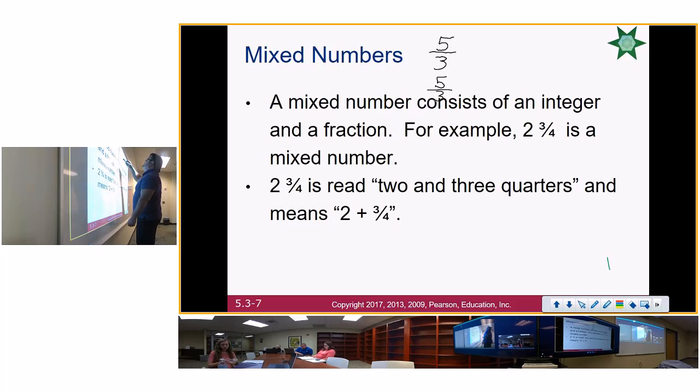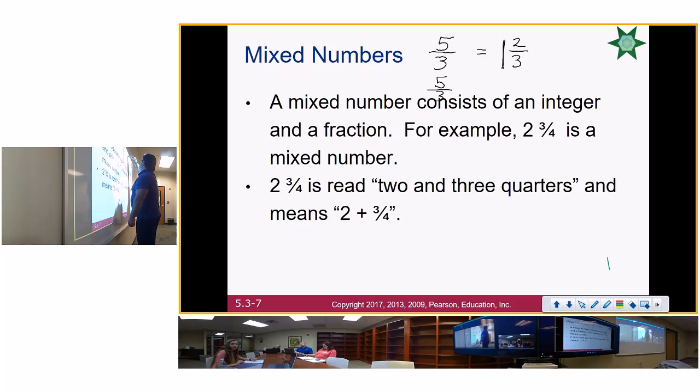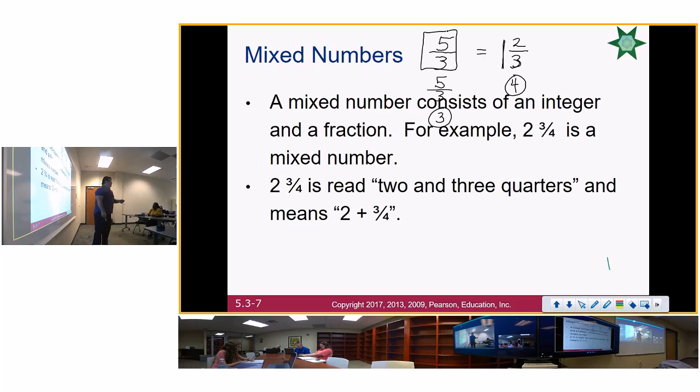Well, 3 will go into 5 one time, and 3 from 5 is what? 2, and then 3. So how many times? 1, 2, 3, 4. So 3 times here, 4 times here. So which one's the most simple? The improper fraction. The improper fraction is simplest form.